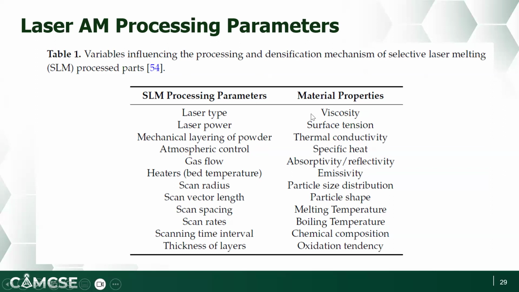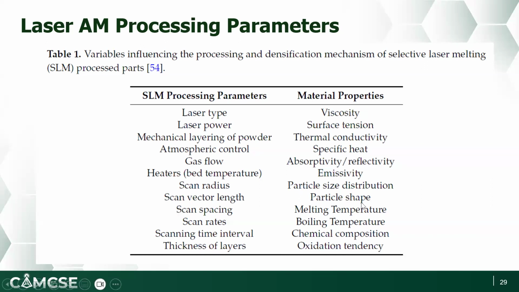On the right side, the second type of processing parameters are related to the material properties, such as the viscosity of your material, the surface tension, thermal conductivity, laser absorptivity, the powder shape, and physical properties such as the melting temperature.